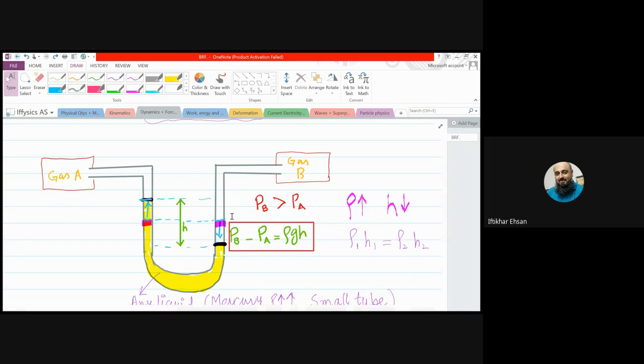Like a balance machine, a weight machine. If we have a two-sided balance machine, the heavier side always lowers down. So it means here the pressure will be larger.